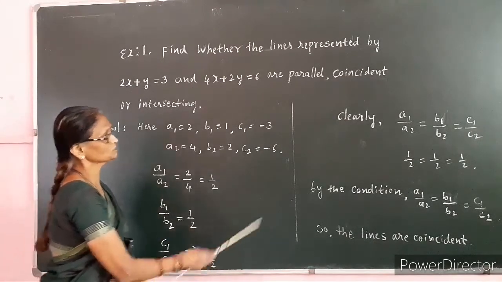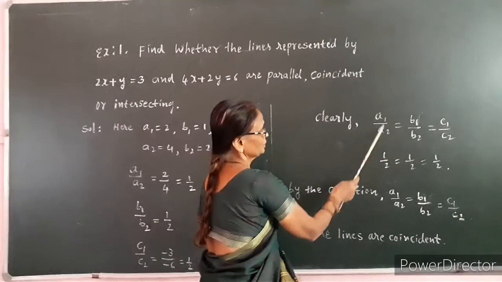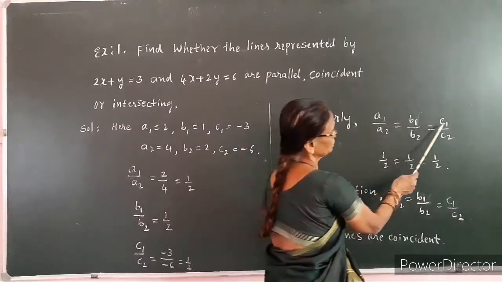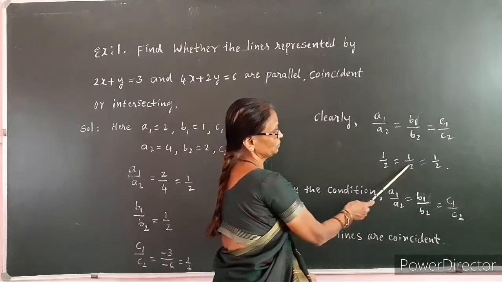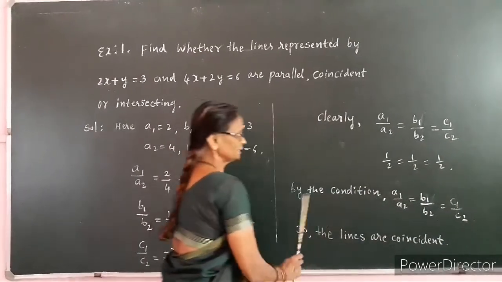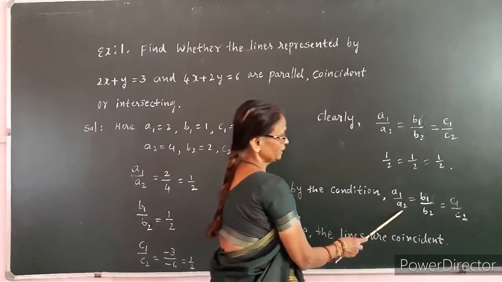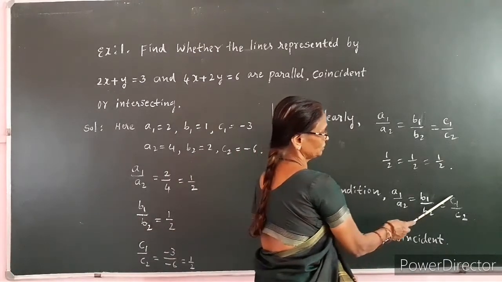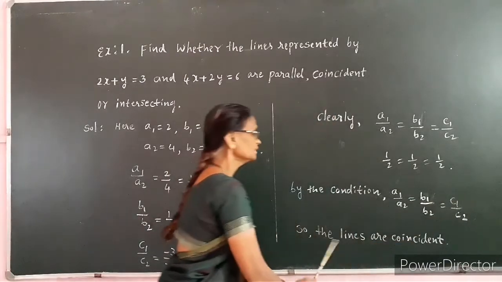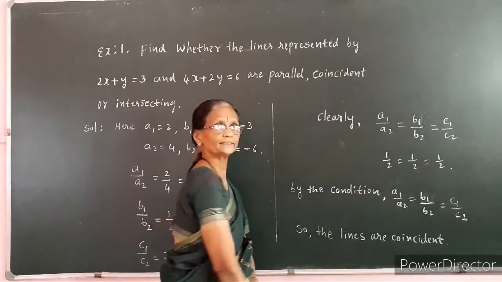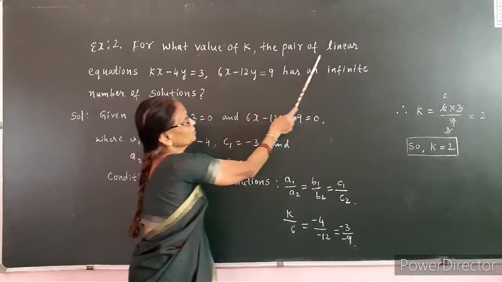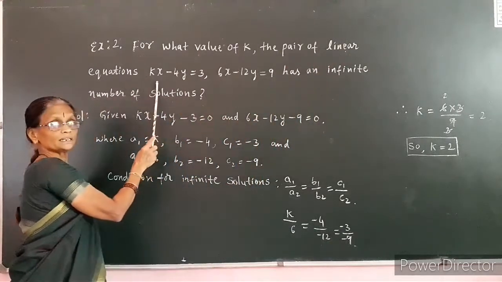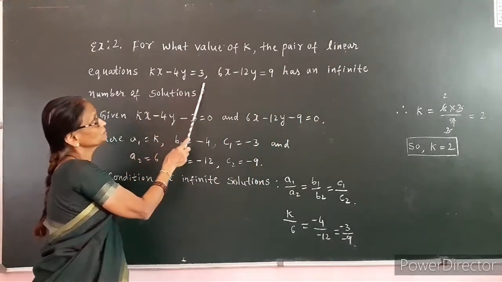Now all the ratios are equal. Clearly a1 by a2 = b1 by b2 = c1 by c2, that is 1 by 2 = 1 by 2 = 1 by 2. By this condition, the lines are coincident.